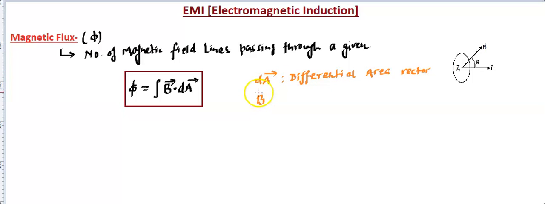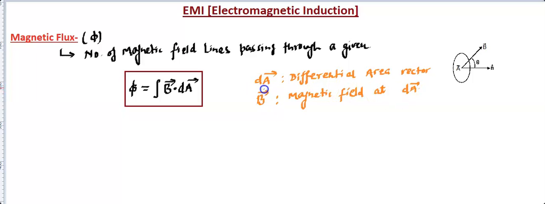And B is the magnetic field, or net magnetic field for that matter, at the location where you are opting this dA. So this is the magnetic field at the dA vector location.